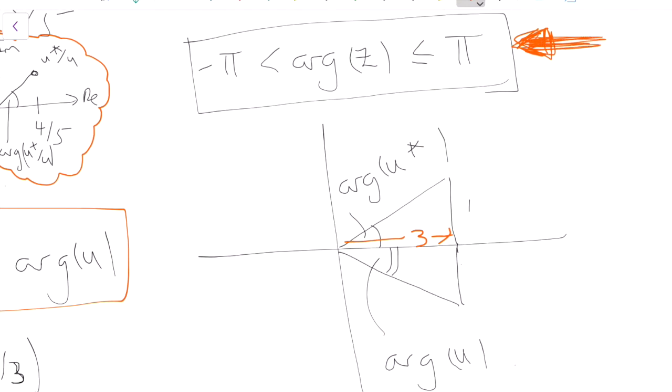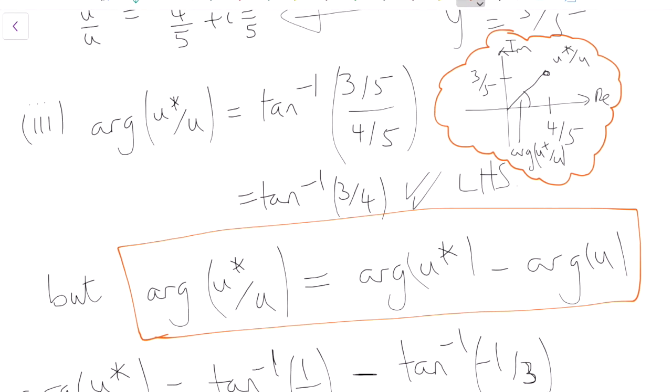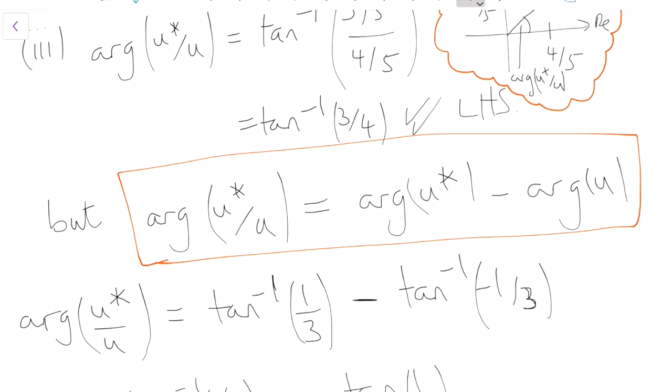And so the argument of u star is tan inverse of 1/3, while the argument of u is tan inverse of minus 1/3. Tan inverse of minus 1/3 can be found, if you don't know it directly, by checking in the calculator that this gives you minus tan inverse of 1/3.